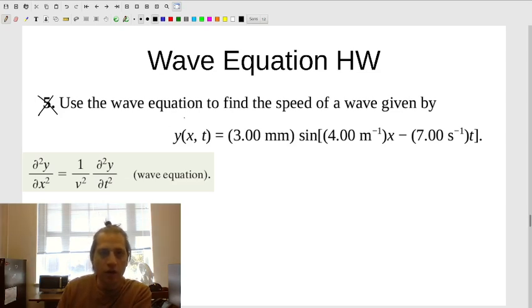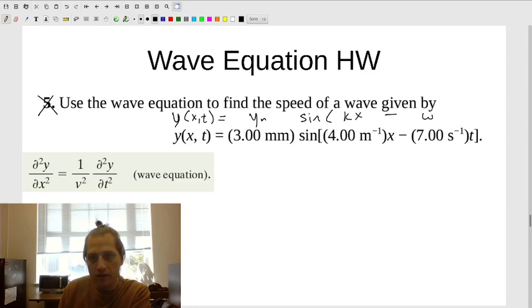Okay, now notice this is actually in the form y equals y max times sine of kx minus omega t, where you already can just pick out that y max is 3 times 10 to the minus third meters.